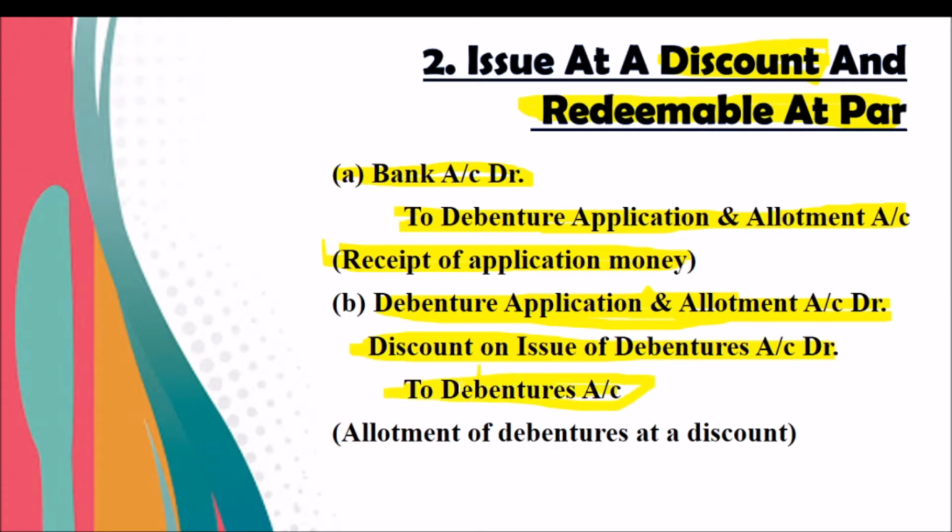We will solve a problem to learn the whole concept related to terms of issue. Please remember the journal entry. And here the amount of debenture is transferred after adjusting the amount of discount.